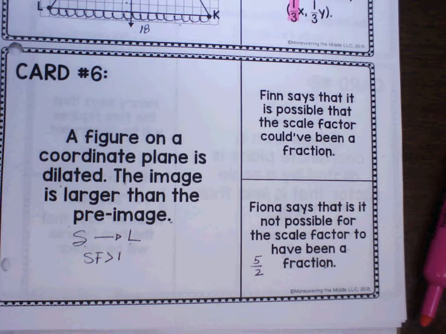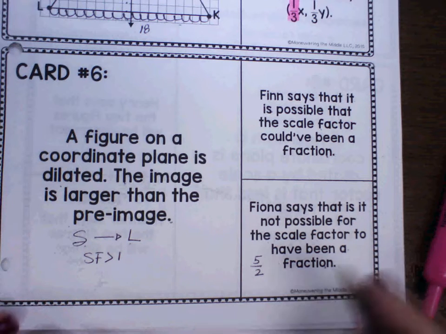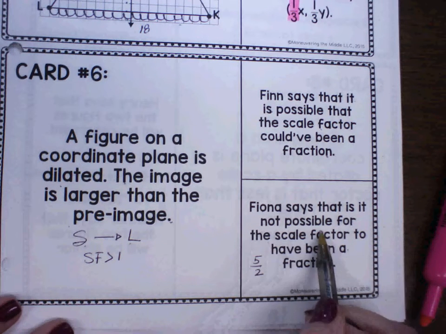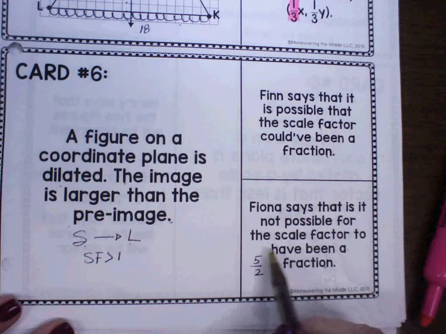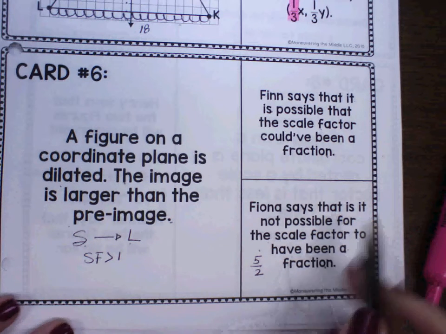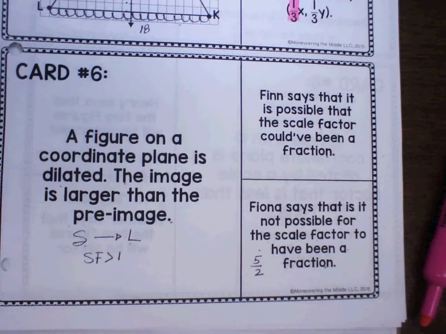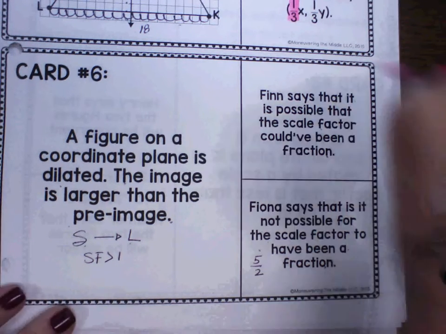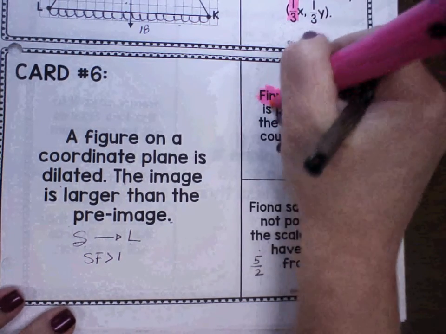Is 5 divided by 2 bigger than 1? So who's right? She says that it cannot be possible for the scale factor to have been a fraction. Yes, it can. It's just got to be a number that's what? Bigger than 1.